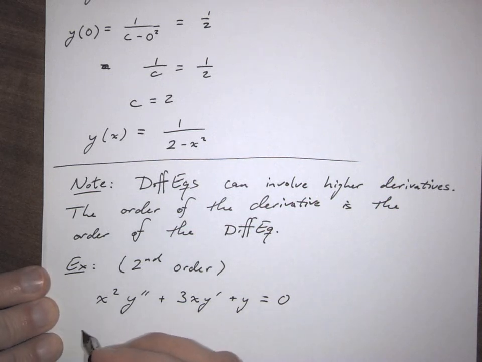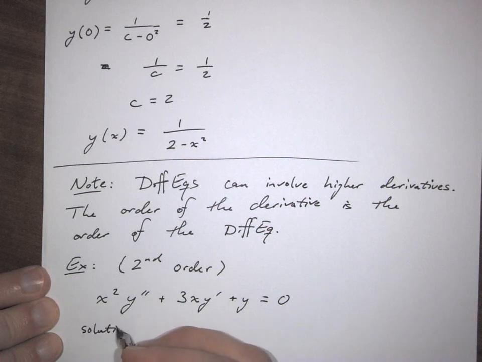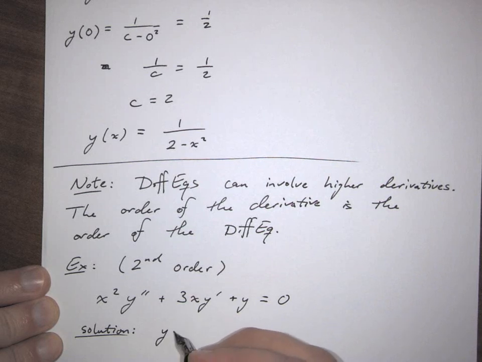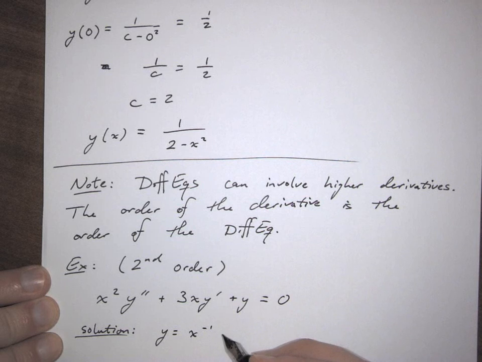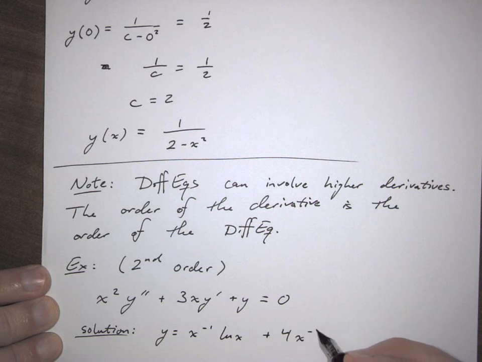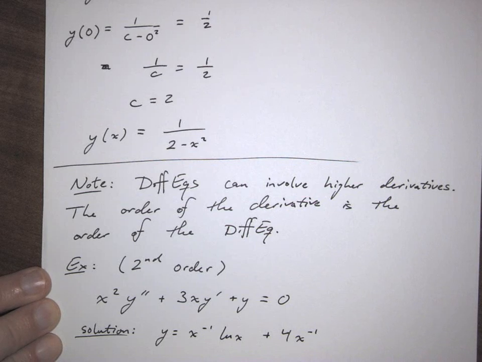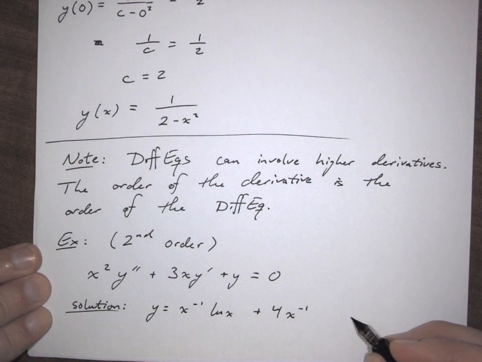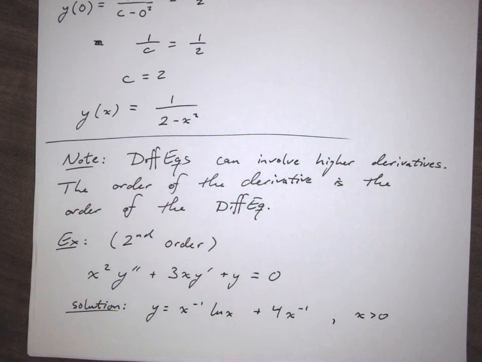Now, here is a solution that we might want to verify. And a solution that we might have here is y is equal to x to the negative 1 times the natural log of x plus 4 times x to the negative 1. And as a note for domain reasons, because the natural log is only defined when x is positive, we might have as a special specification here that x has to be greater than 0.